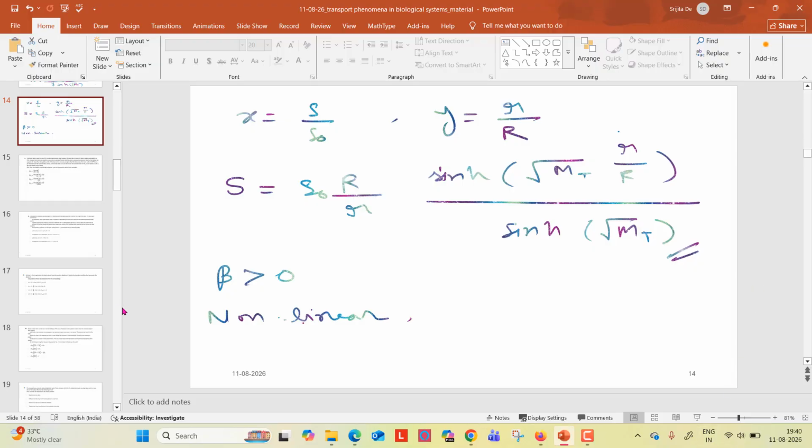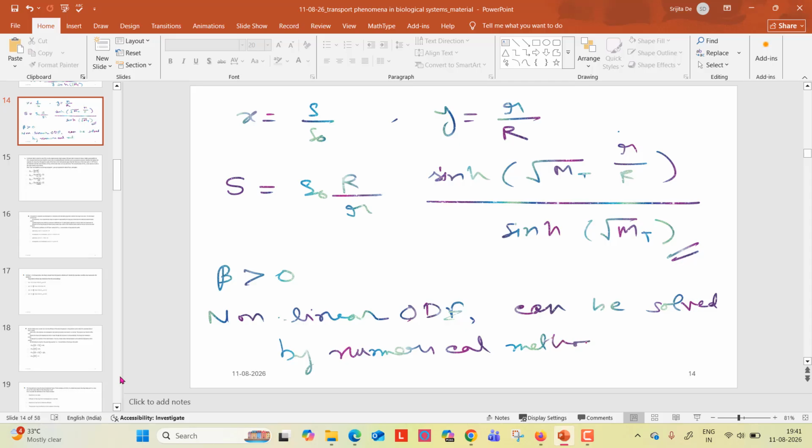So it will be a non-linear ODE. It can be solved by a numerical method, as a simple analytical solution cannot be obtained. So we are not going into that because that is not our motive here. Okay.